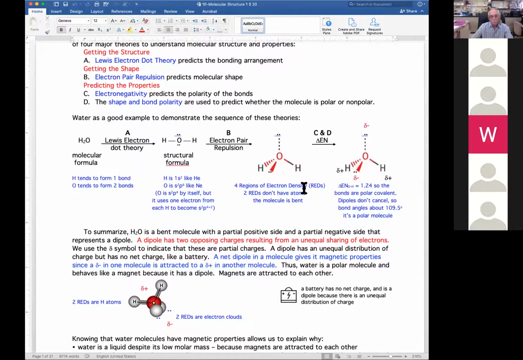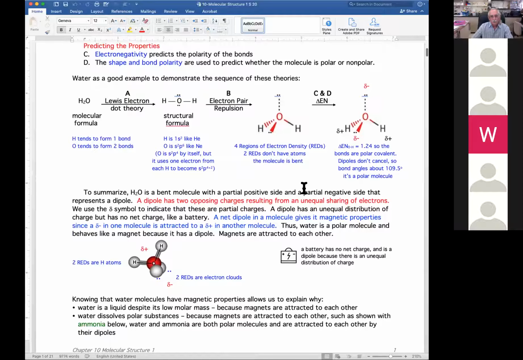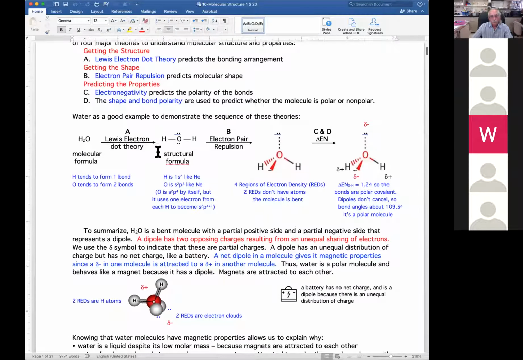What's really important is you look at this right here. How many regions of electron density at that central atom? Well, there's 1, 2, 3, 4 regions of electron density. They're going to be as far apart from one another as possible, and that's what gives rise to the tetrahedral shape.